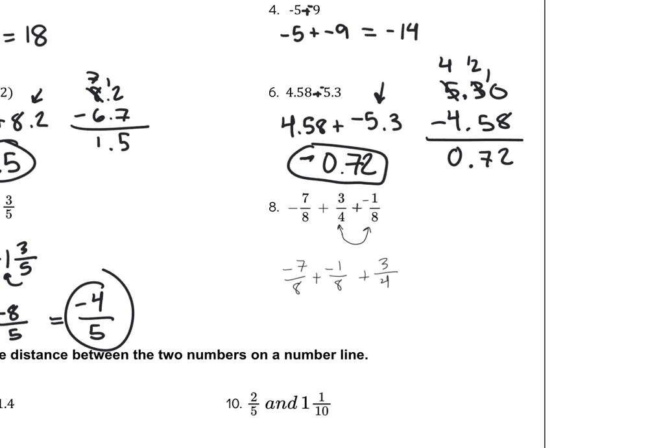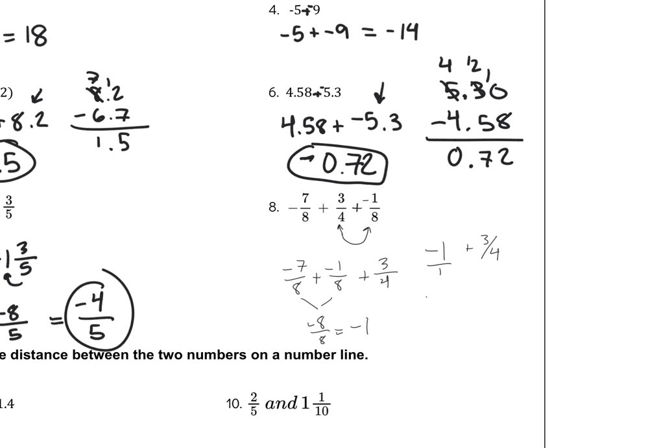Now from here, -7/8 plus -1/8, well, that's -8/8, which is really just equal to -1. And now I can do -1 plus 3/4. -1 is over 1.